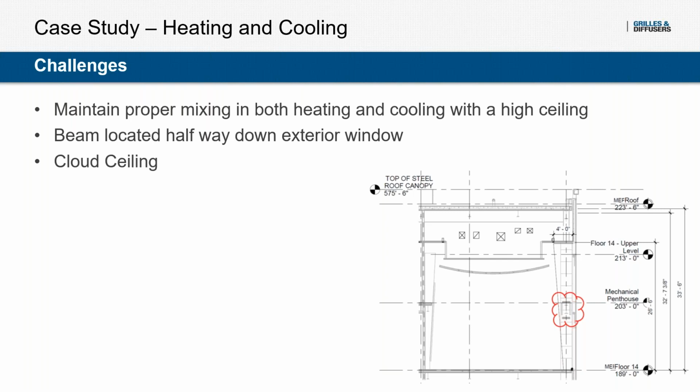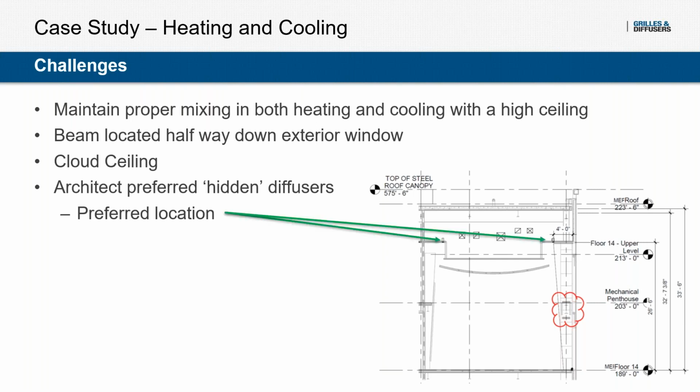There is also a cloud ceiling. So you can see that there are different elevations here in this boardroom. So making sure that the air was going to be able to bypass that cloud ceiling and make it into the occupied zone. And again, this was a very architectural space, so making sure that the diffusers were hidden was part of this project.